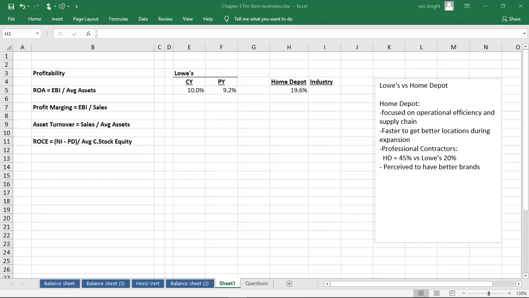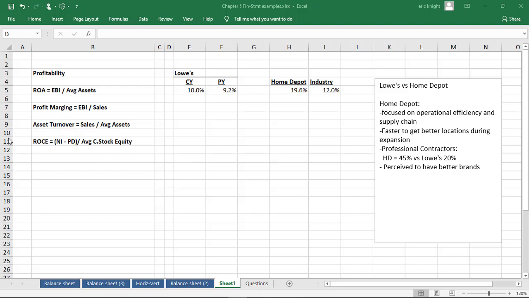Is Home Depot really knocking it out of the park, or is that just average for what should be going on in that home improvement industry anyhow? When we look at the industry average at 12%, we see that Lowe's is underperforming and Home Depot is doing very well for the home improvement industry. Remember, the return on assets can be broken down, and we can see if it's because of the profit margin or because of the asset turnover.